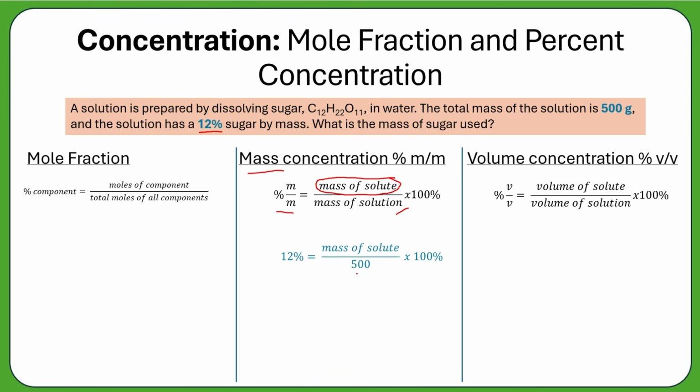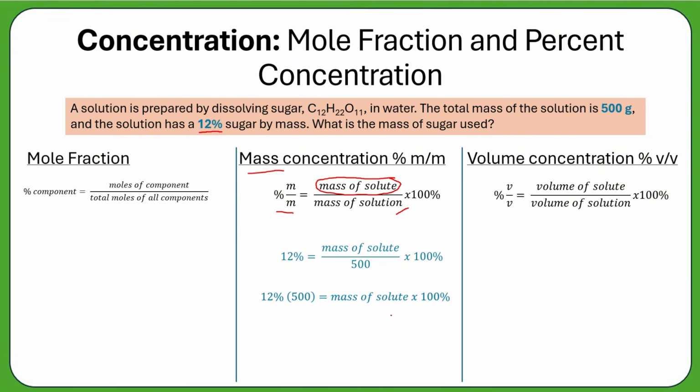So we need to get rid of 500 and 100% by multiplying 500 on both sides. 500 will now be eliminated on the right side, which will be like this. Now we need to get rid of the 100% as well on the right side because we need the mass of the solute to be alone. Just like finding x, we need to make the x alone on one side of the equation.